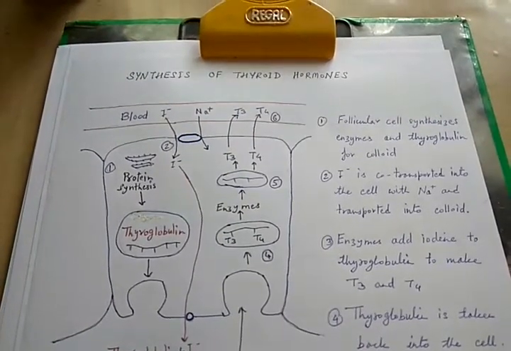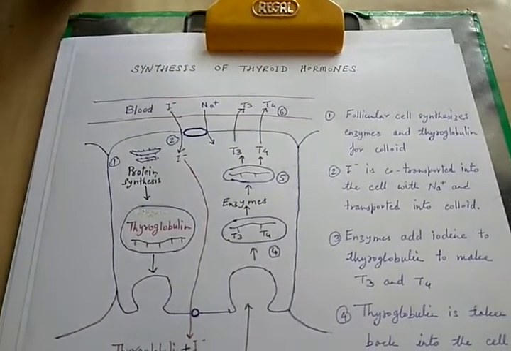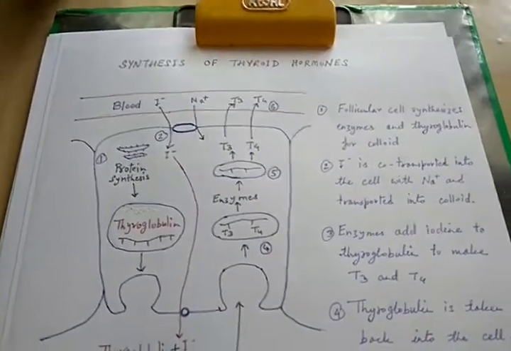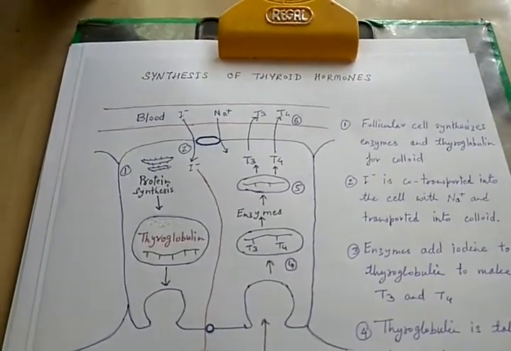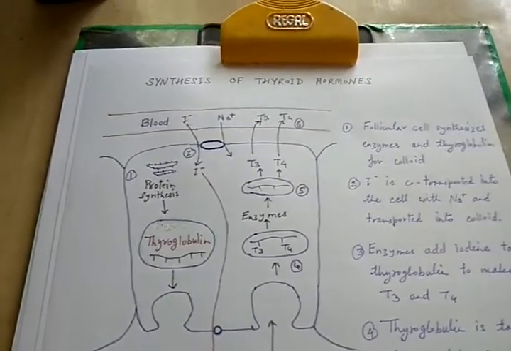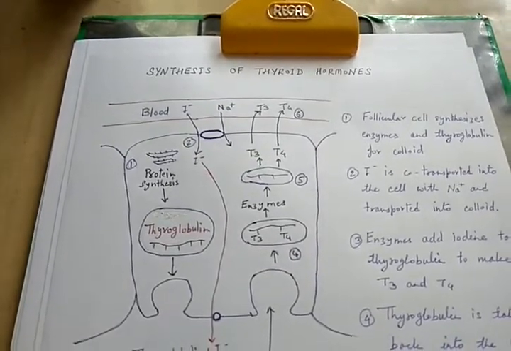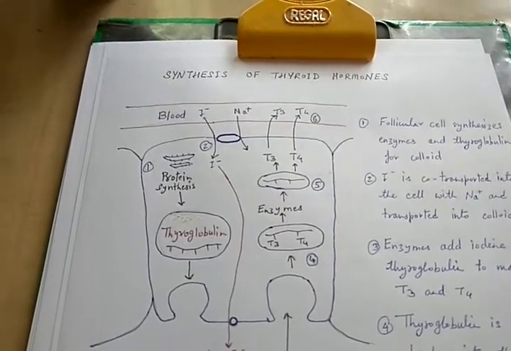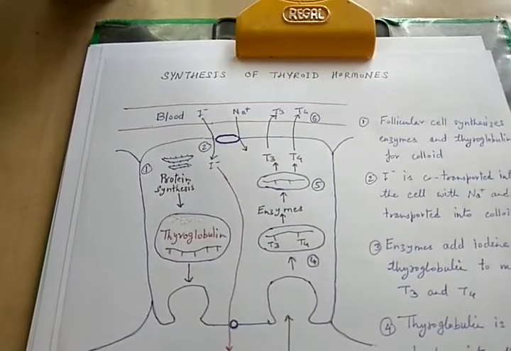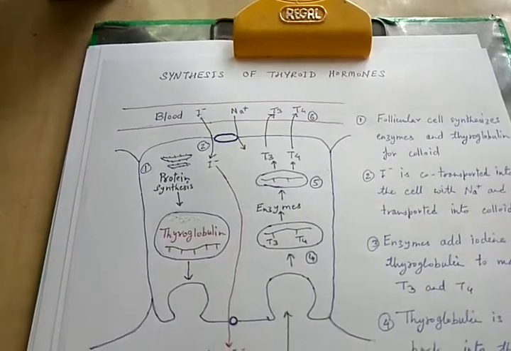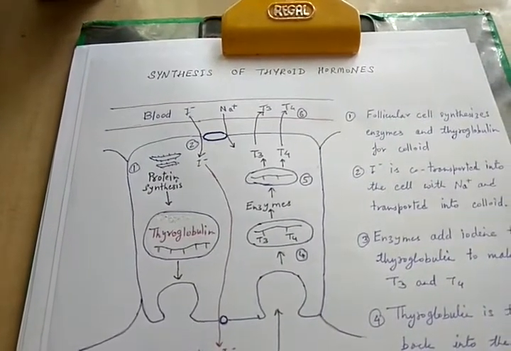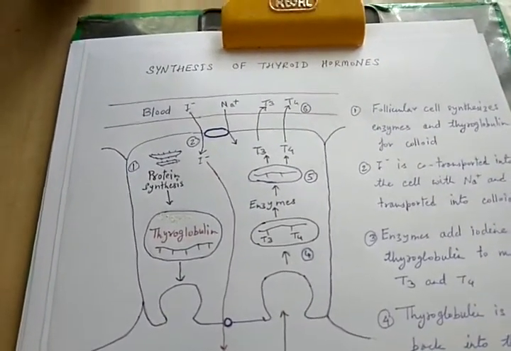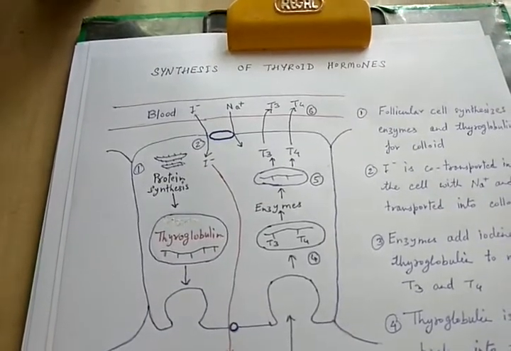Today we will talk about the synthesis of thyroid hormones. As we have seen in the pituitary gland lecture, the anterior pituitary secretes the TSH, that is thyroid stimulating hormone, to regulate the synthesis and release of thyroid hormones from the thyroid gland.